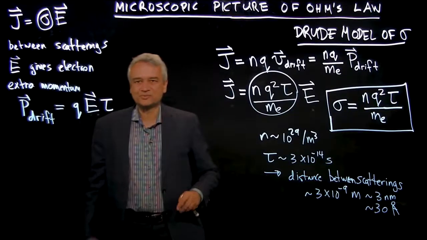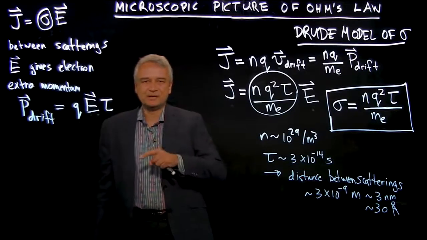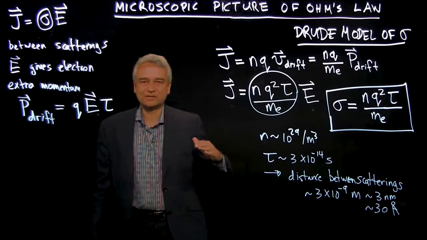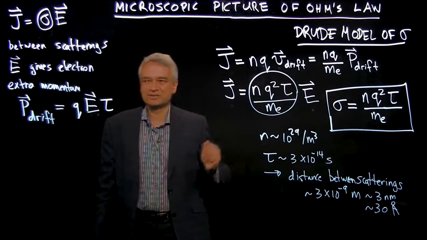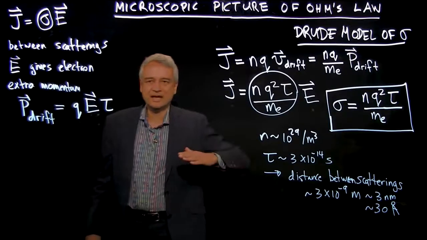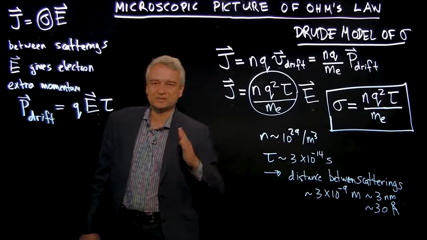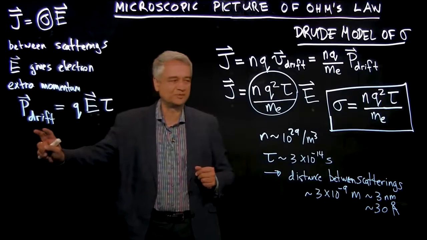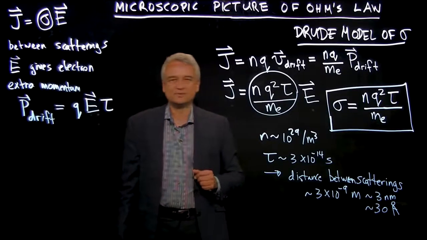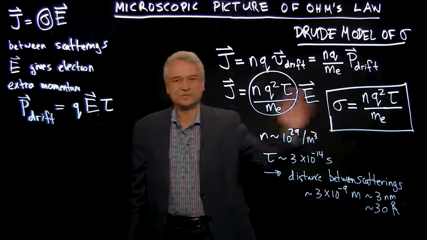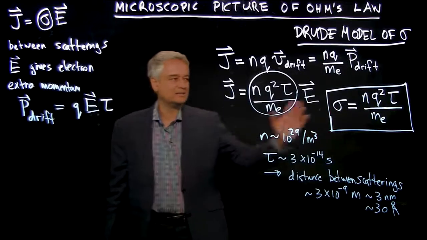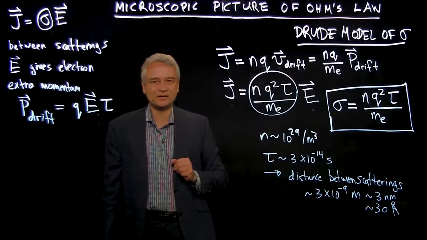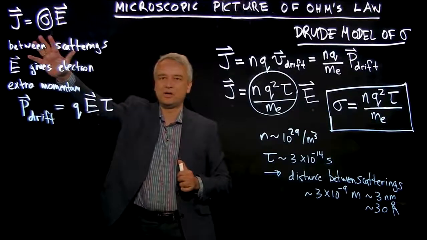About every 30 angstroms, which is 30 times the size of a copper atom, they scatter. And between scatterings, their trajectory is curved very, very slightly by the electric field. And it's that force that the electric field applies, curving the trajectory, which gives you a small drift momentum, a small drift velocity, and which is responsible for the conductivity of copper, which turns out to be given by this expression. And this then is the way we relate the microscopic properties of a material like copper to a macroscopic law like Ohm's law.